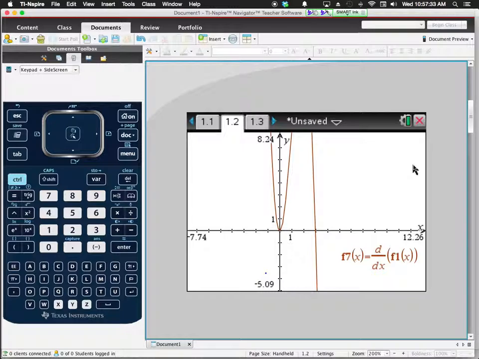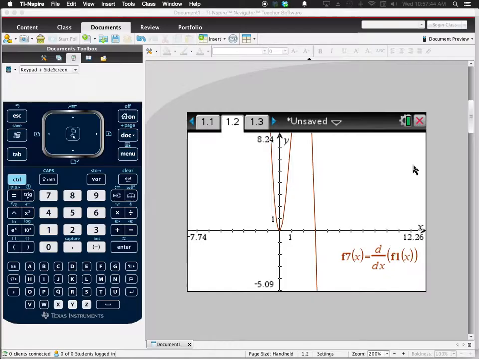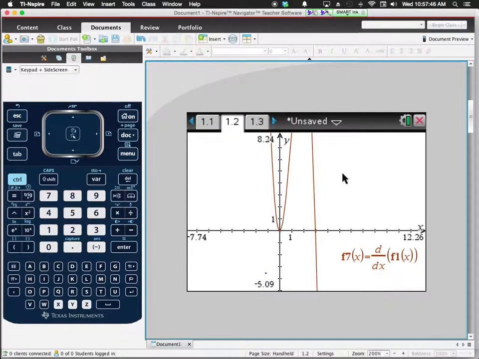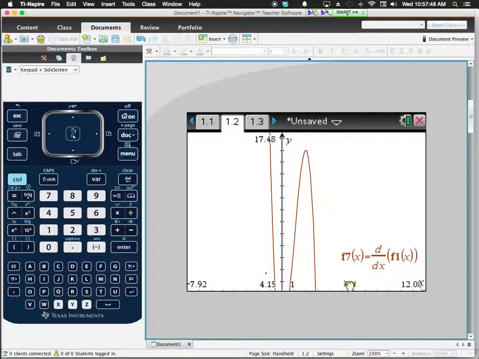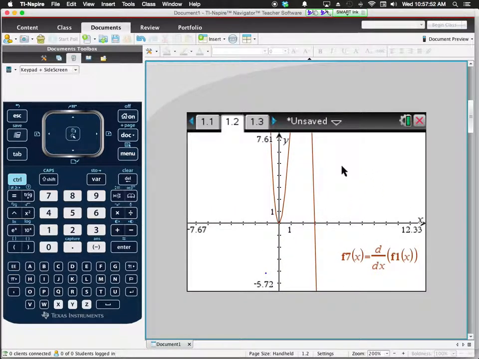If we're talking about F prime, it changes from increasing to decreasing and vice versa. What needs to be happening at 2? It needs to change from increasing to decreasing at 2. So 2 is way up here, and you can see that it changes from increasing to decreasing. So all of that was verified.